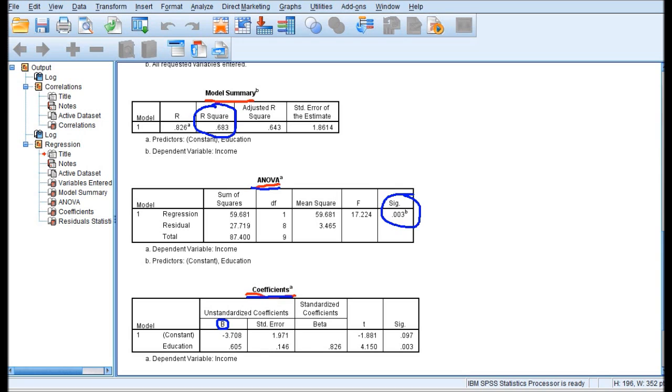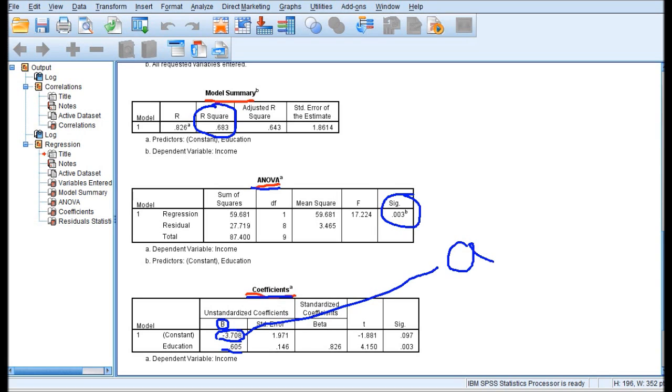The first one is constant. And the second one is education. This is minus 3.7708. This is A that we are looking for in order to establish our regression equation.